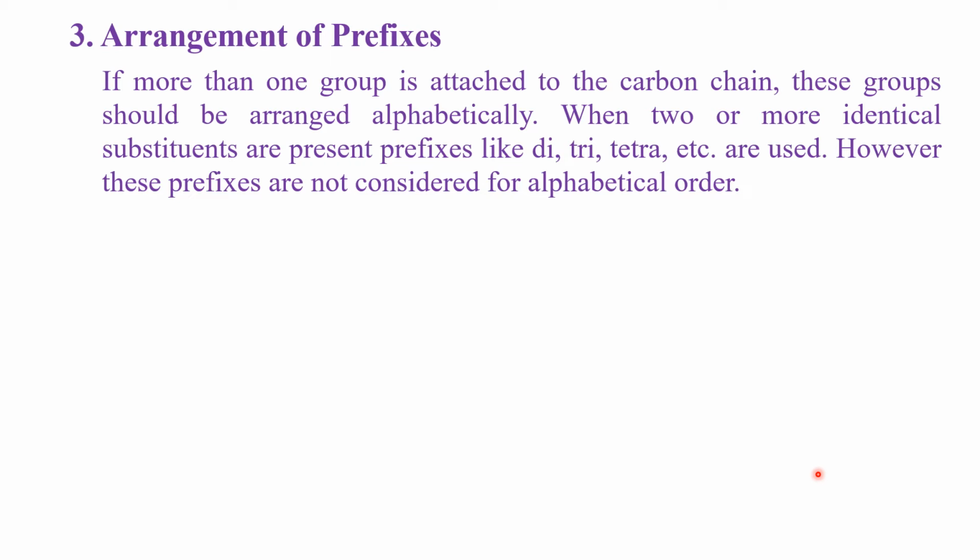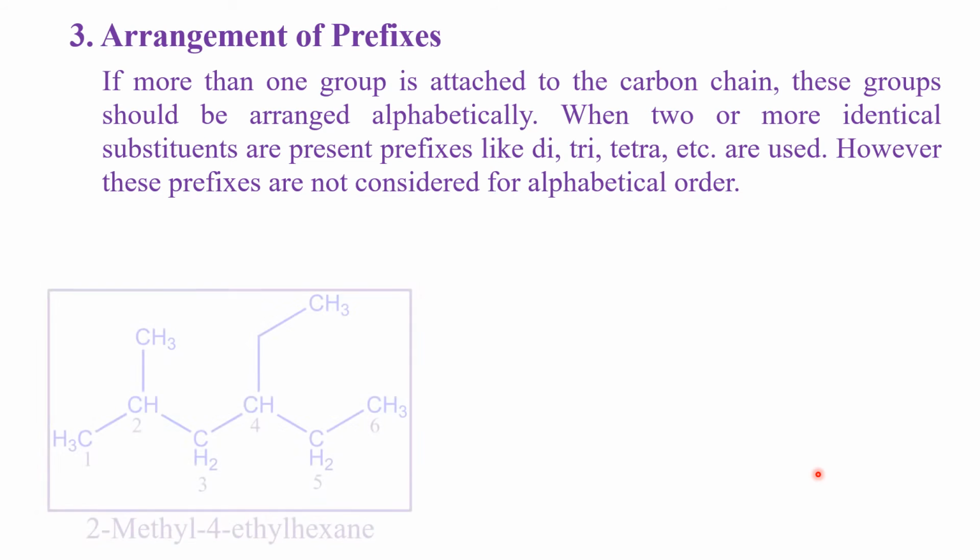Most probably, when we see a few students trying to write IUPAC nomenclature, they write the name as per the numbers, that is substituent positions, but the prefixes should be arranged as per their alphabetical order, not as per their position.